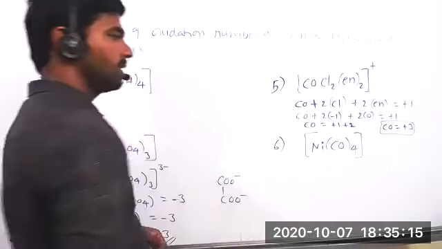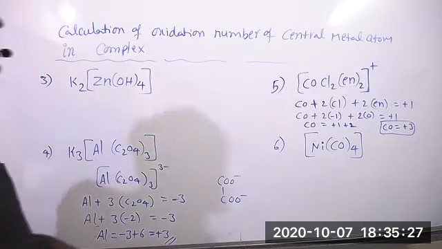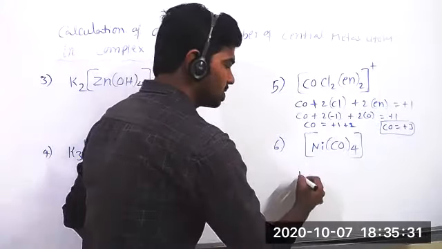So here, nickel tetracarbonyl. So is it 0? Sir, it's 0. Yeah. In metal carbonyls, whenever a metal atom is bound to only carbonyls, in such cases oxidation state is 0.